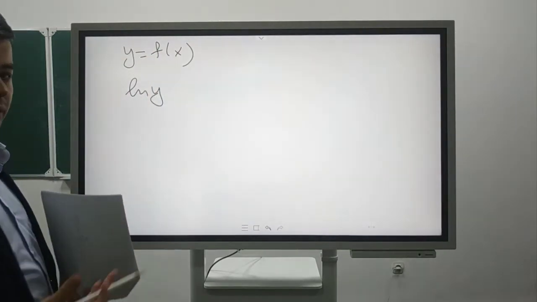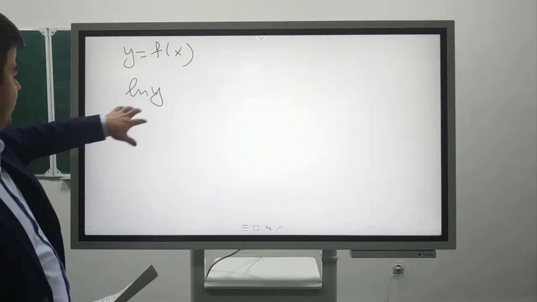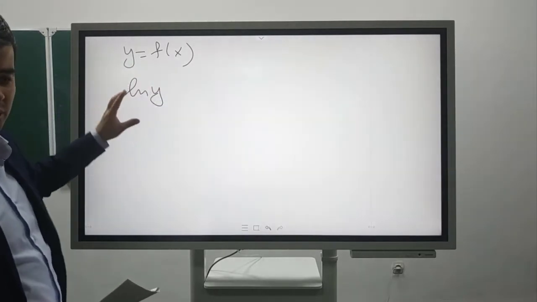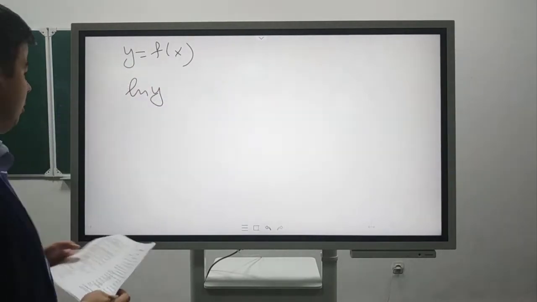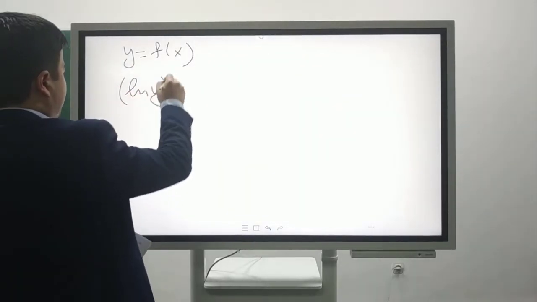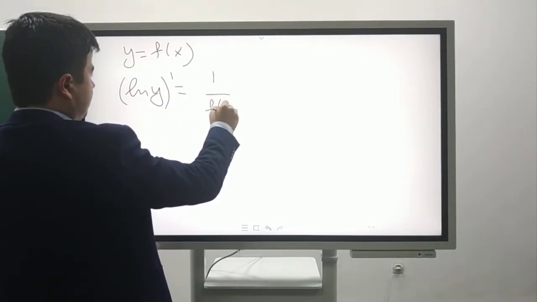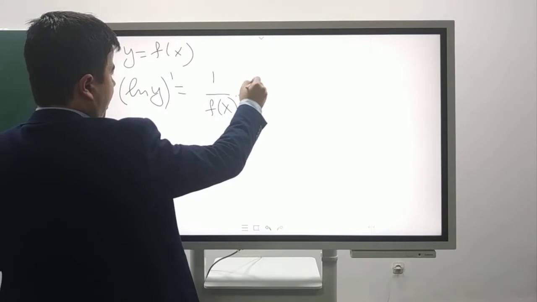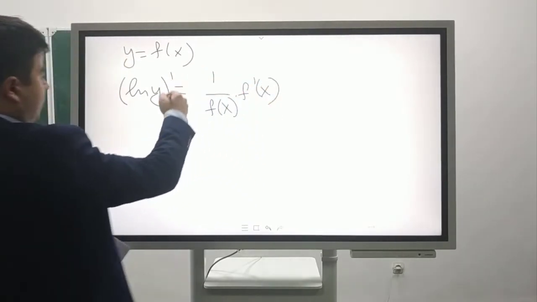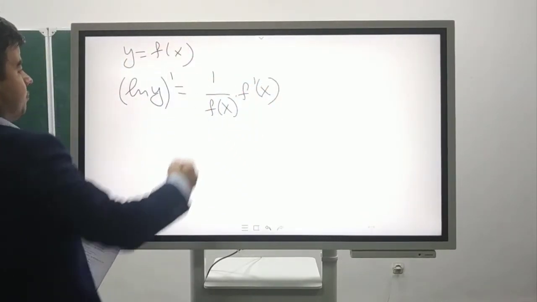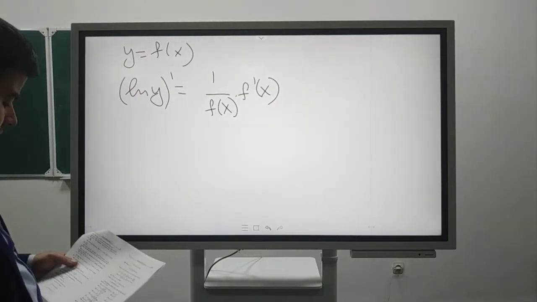So y is a function, and we have the natural logarithm of this function. This is a composite function now. So the derivative of this function is 1 over f of x times f prime of x, because of the derivative of the inside function f of x.